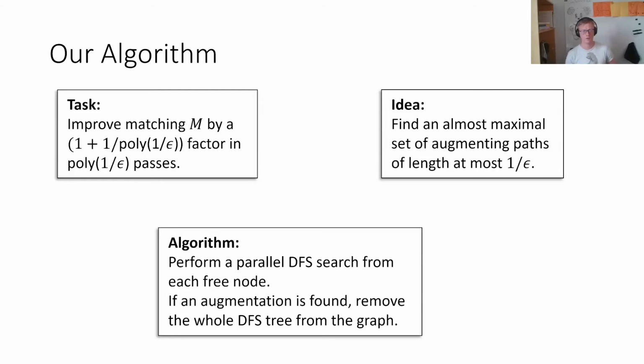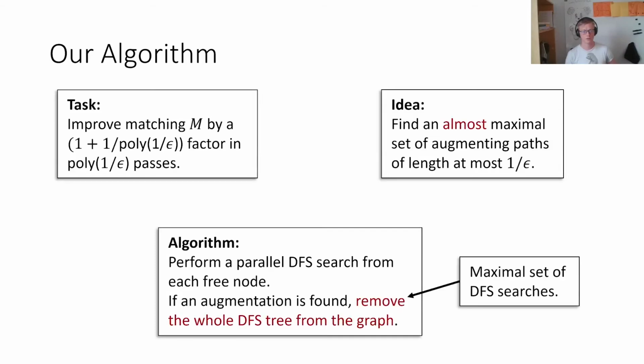However, one crucial difference is in this removing phase: instead of just removing an augmenting path, we also remove the whole DFS search from the graph, and we show that this doesn't hurt the process too much. So in a sense, instead of a maximal set of augmenting paths, we are trying to find a maximal set of DFS searches.